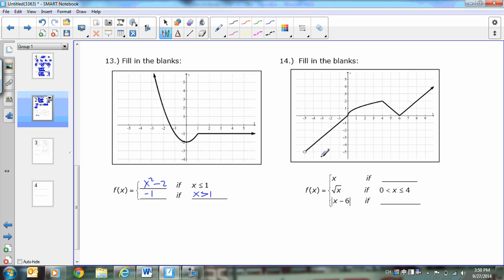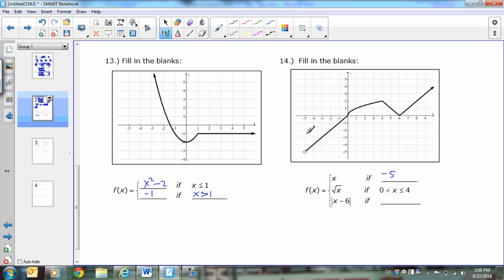Okay, number 14. This graph is in 3 pieces. Looking at it from left to right, it looks like the output value is x for all x's that begin at negative 5 and end at 0. Now notice in the middle part of our piecewise function, 0 is not included, so we need to include it up here.